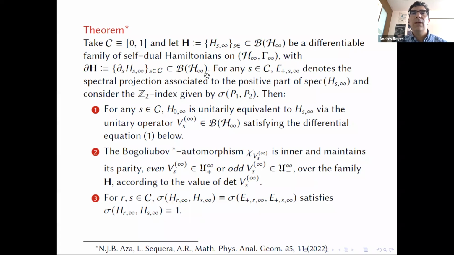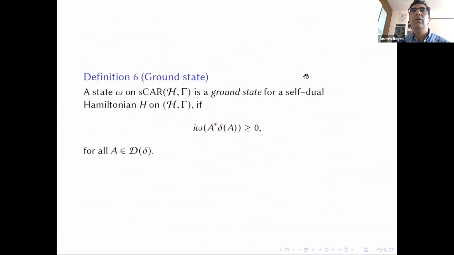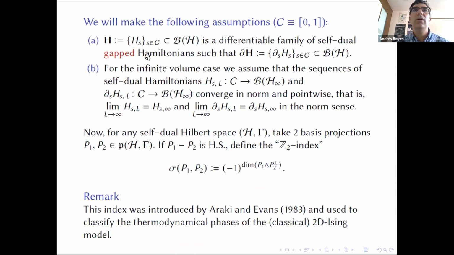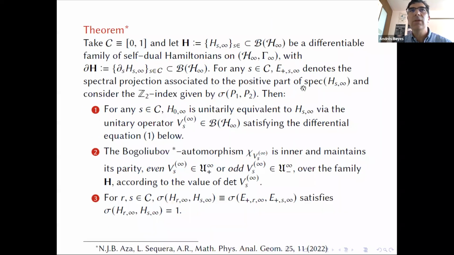So we have the following result now. We are interested in studying these paths of Hamiltonians, which are paths of gapped Hamiltonians. So there is an important assumption about the gap: the Hamiltonians must be gapped.